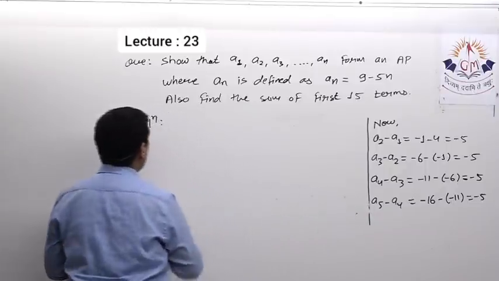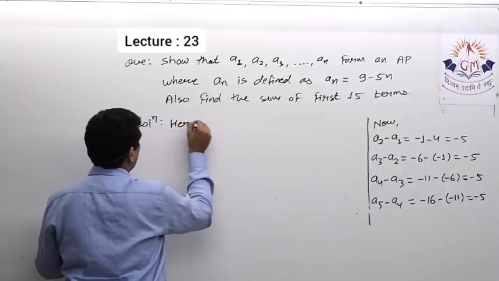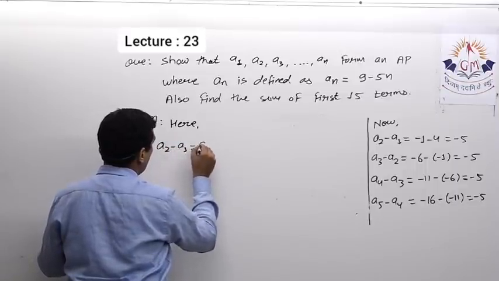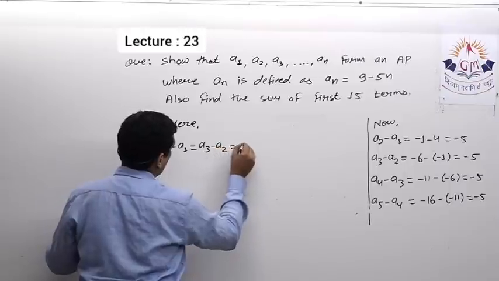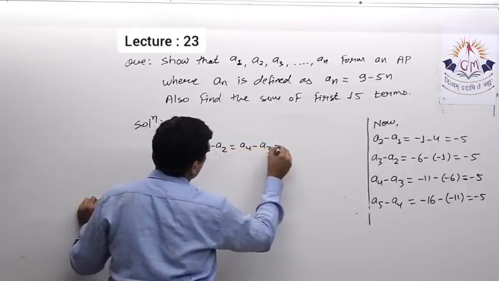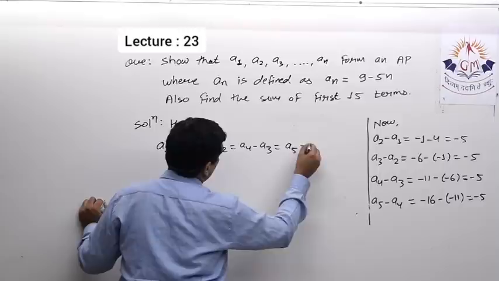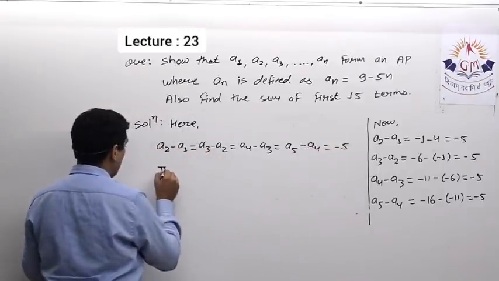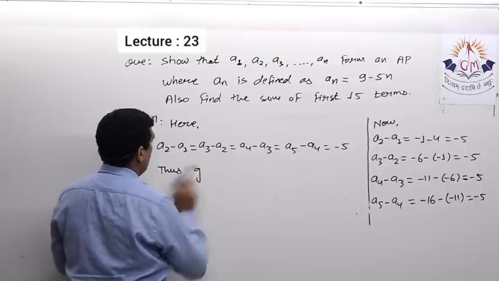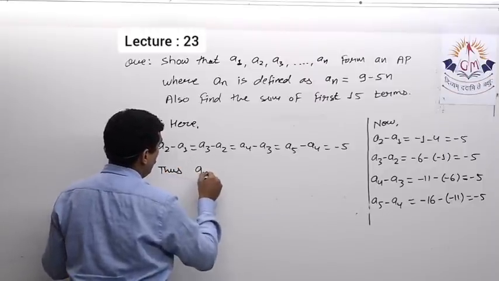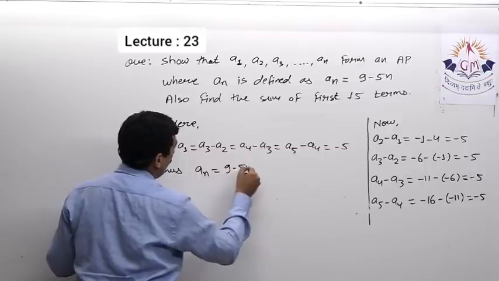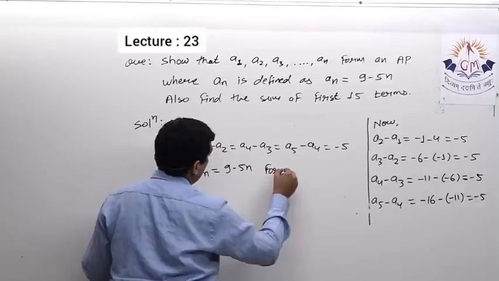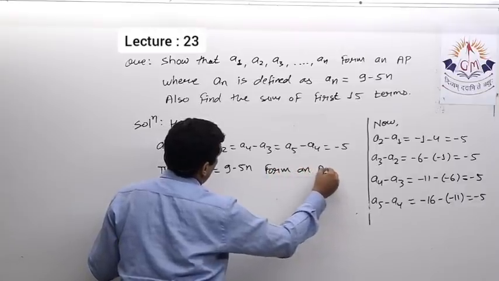After this you have to write here: a2 minus a1 is equal to a3 minus a2 is equal to a4 minus a3 is equal to a5 minus a4 is equal to minus 5. Thus an equal to 9 minus 5n forms an AP. Okay, this is one thing.